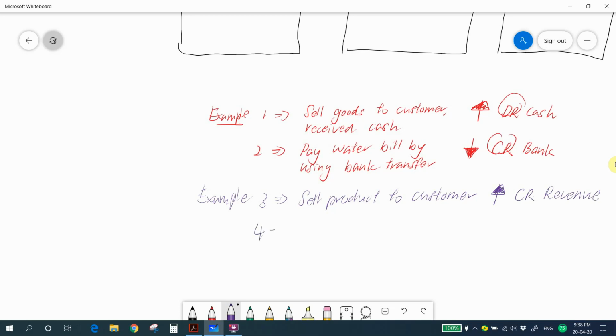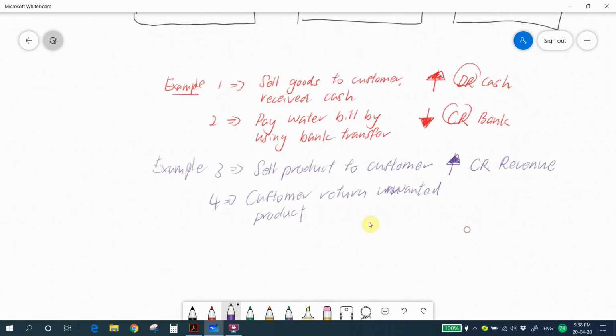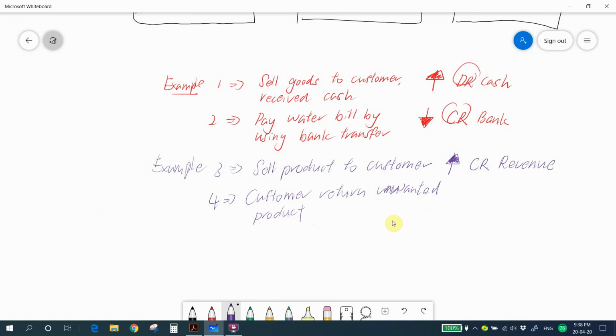Next, when your customer returns unwanted product, when your customer returns unwanted product to you, tell me, your total revenue will become higher or become lower after the return?